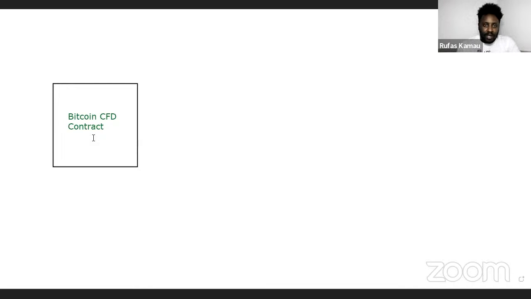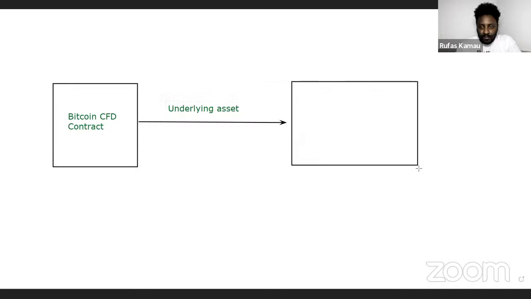Contracts for difference have a derived value, basically meaning that they derive the value from the underlying asset. In this case, the underlying asset would be Bitcoin.